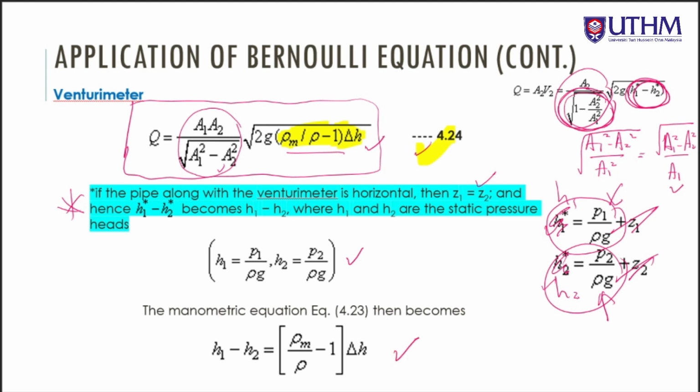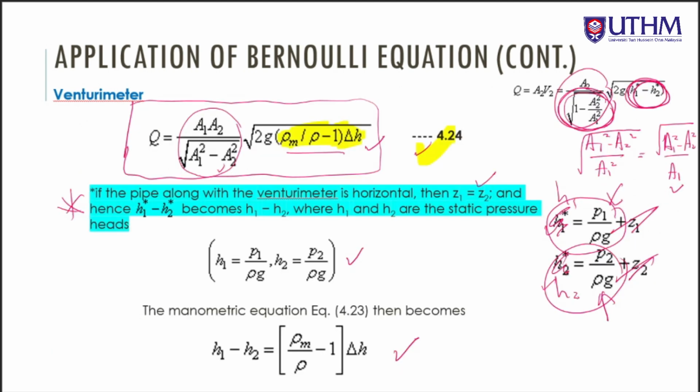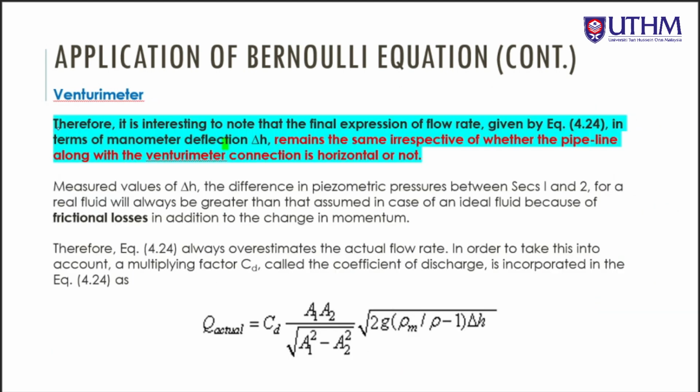Sebab sebelumnya bentuk dia macam ni kan. So if let's say yang ni tak ada, dia akan jadi H1 minus H2 equals to this delta H.